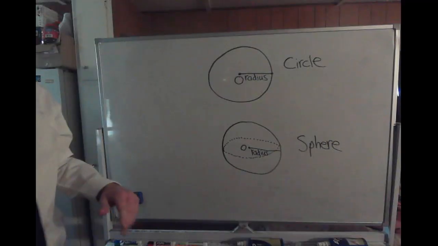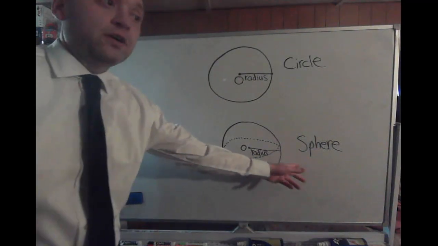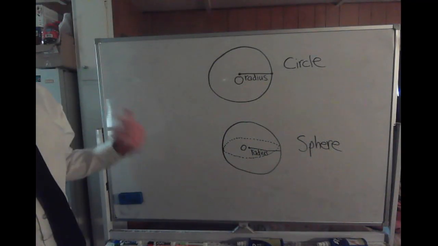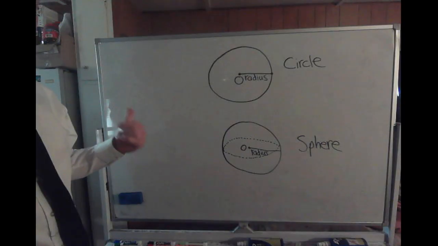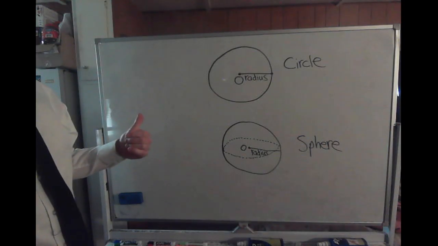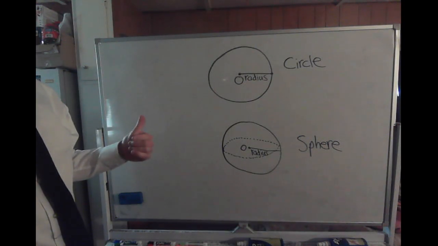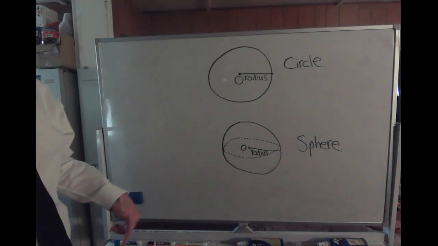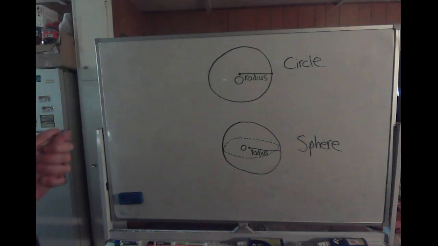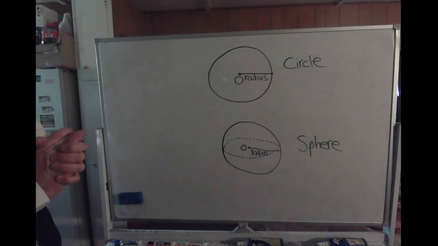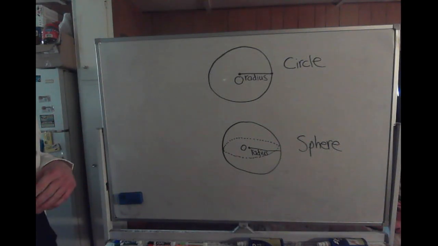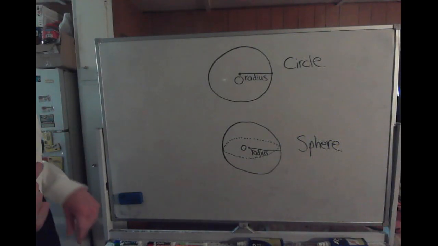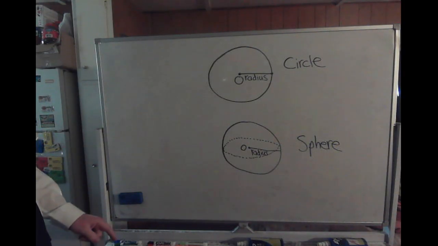Then you have the 3D equivalent, a sphere, which is the set of all points a fixed distance from a given point in space.